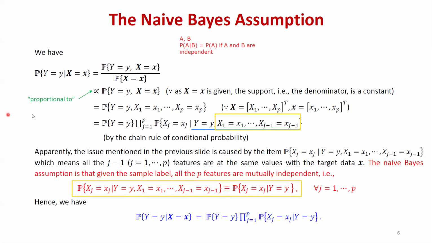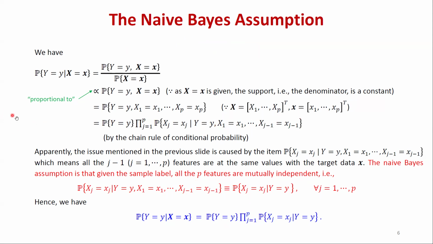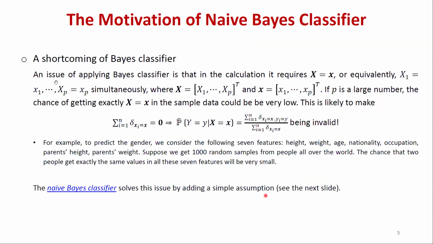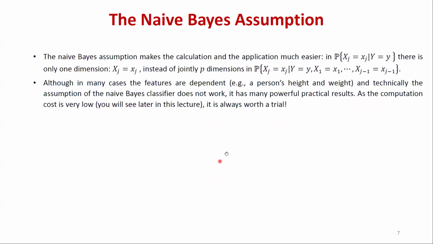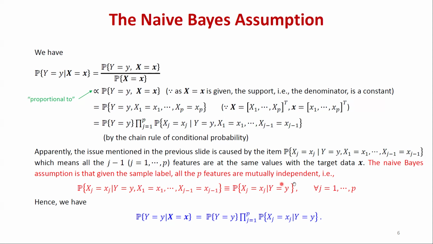Now compare the naive Bayes classification versus the formal Bayes classification. The only difference is that in naive Bayes we added this naive Bayes assumption. Then why do we call it naive? Simply because this assumption is pretty naive. In real life, this is not always true, and in many cases it is wrong.